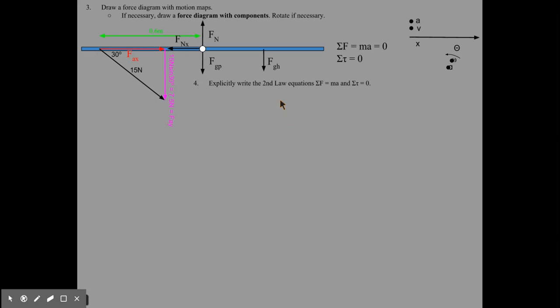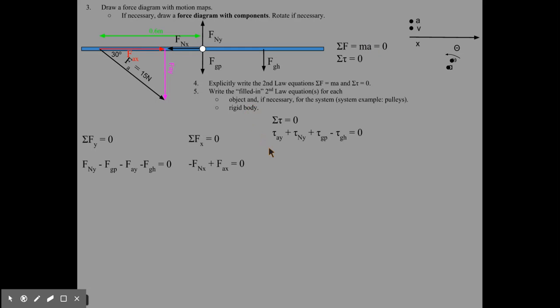All right. Now we want to explicitly write out Newton's second law in the linear and in the rotational. So there they are. Because this is static equilibrium and nothing's moving, the sum of the forces equals zero and the sum of the torques equals zero. Then we want to write the filled-in second law equations for each of them.